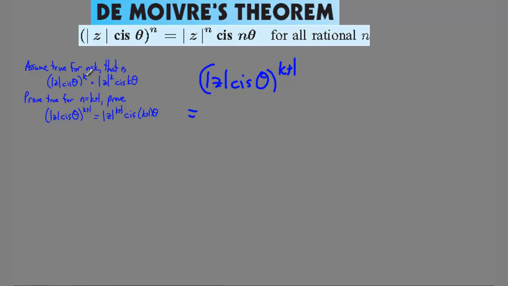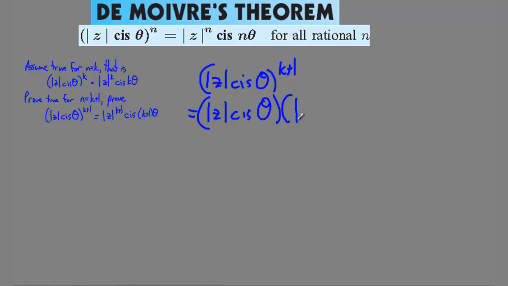Now remember, we are trying to use the assumption. In fact, we have to use the assumption in order to do a mathematical inductive proof. So we need to get the left side here involved somehow. We can do that by breaking up the exponent k plus 1. So that would be the modulus of z cis theta.